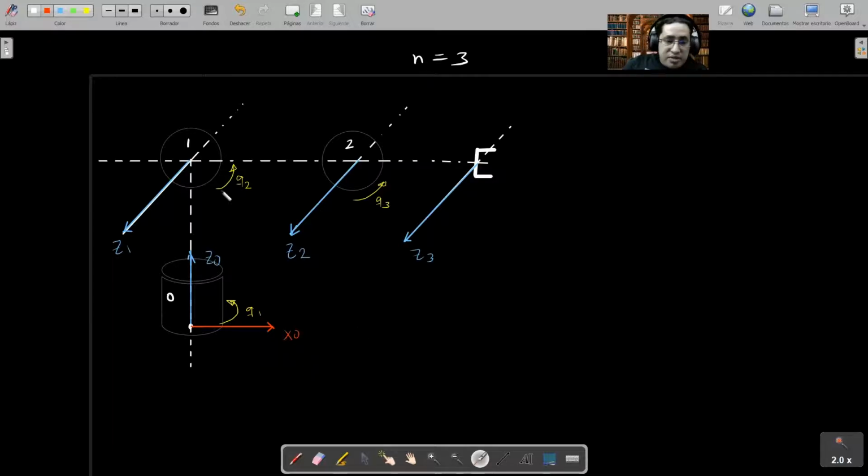Okay, next is finding the other axes. x1 is going to be directed along the common normal from this and this, but these two intersect. Then the next x cannot be along this direction because it should be normal, and cannot be in this direction.